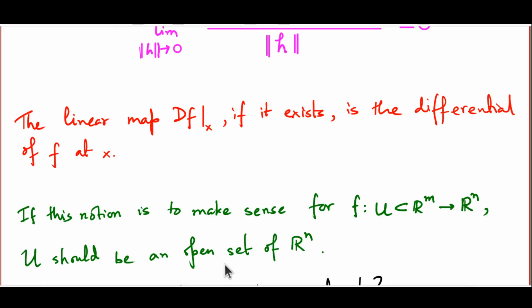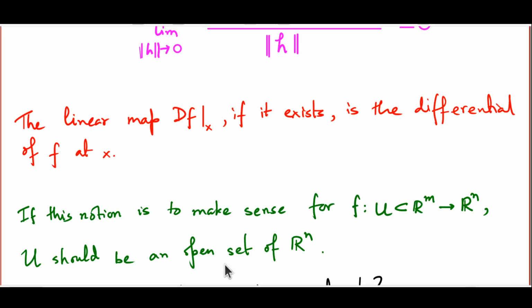And because of this, for every point in the domain U, you must have a way of moving in all possible directions. In other words, you should be able to put a ball surrounding that particular point entirely inside U.